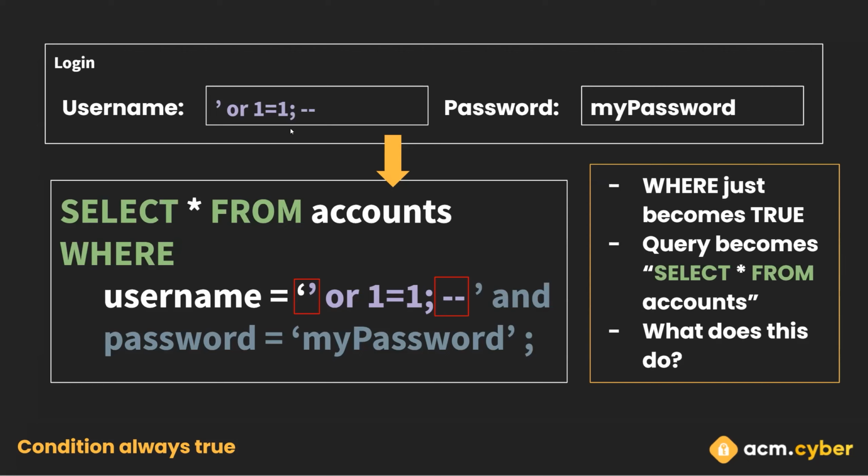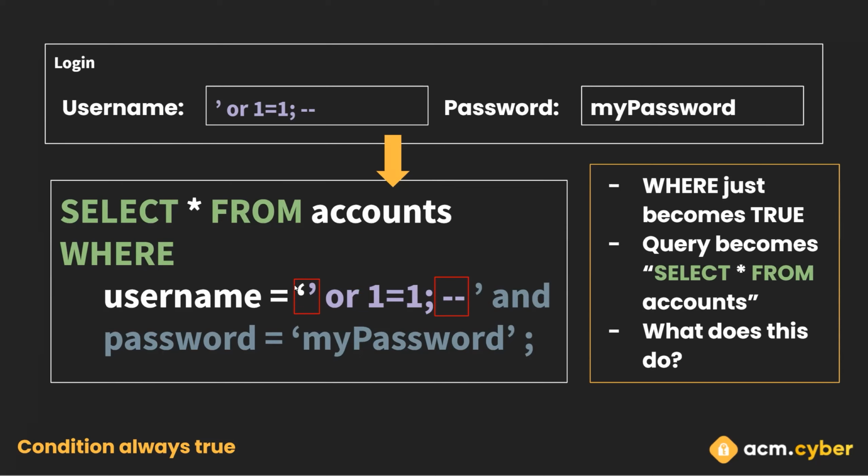So let's break this down. Here's our input for the username. Instead of putting our actual username, we're putting this carefully constructed string. Let's look at what that will translate into. We have select star from accounts, which is normal, and then the where condition, where username equals. And then here we put an apostrophe.